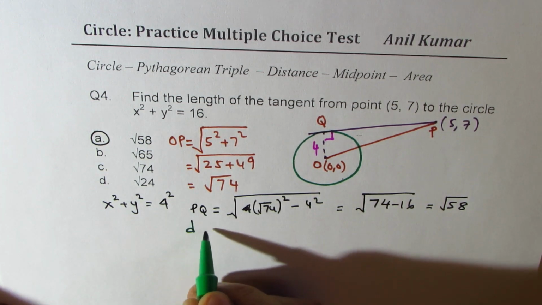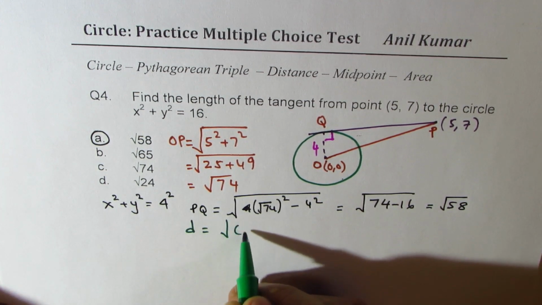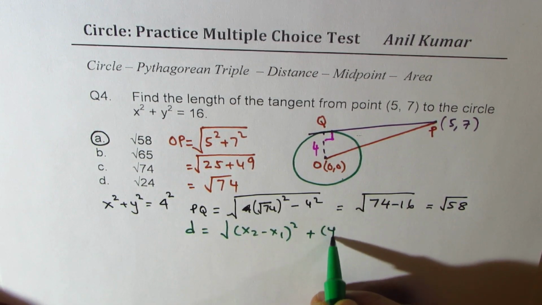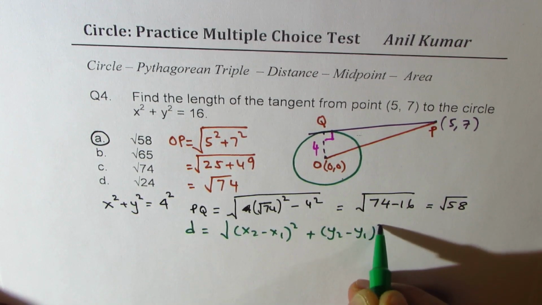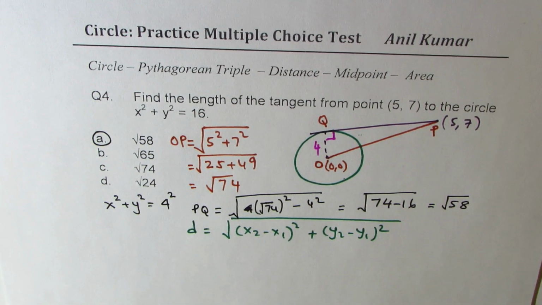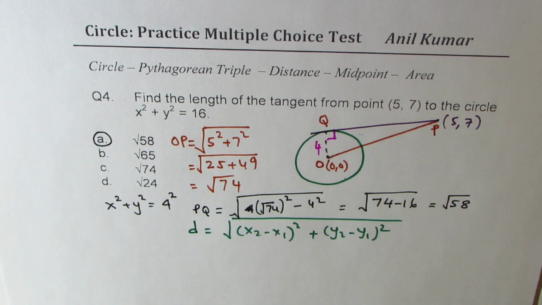Let me write down the distance formula once again. Distance formula is the square root of (x2 minus x1) whole squared plus (y2 minus y1) whole squared. And the midpoint formula, which is the average of the x and y values. Perfect. So these things help us to solve questions related to circles.